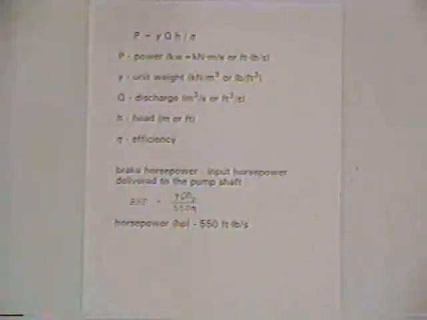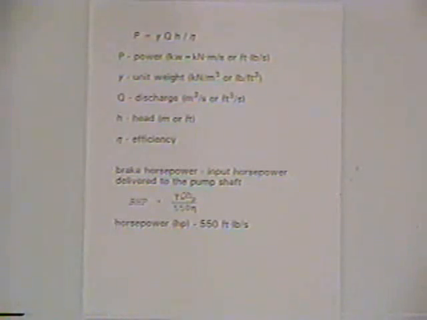I did leave out a term earlier. We just wrote the power equation, but when we're talking about pumps or turbines, hydraulic machinery that we deal with in fluid mechanics, in which we're converting between electrical and hydraulic energy, there's never a perfect conversion. There's always an efficiency involved. I've written the power equation here in terms of pumps now.